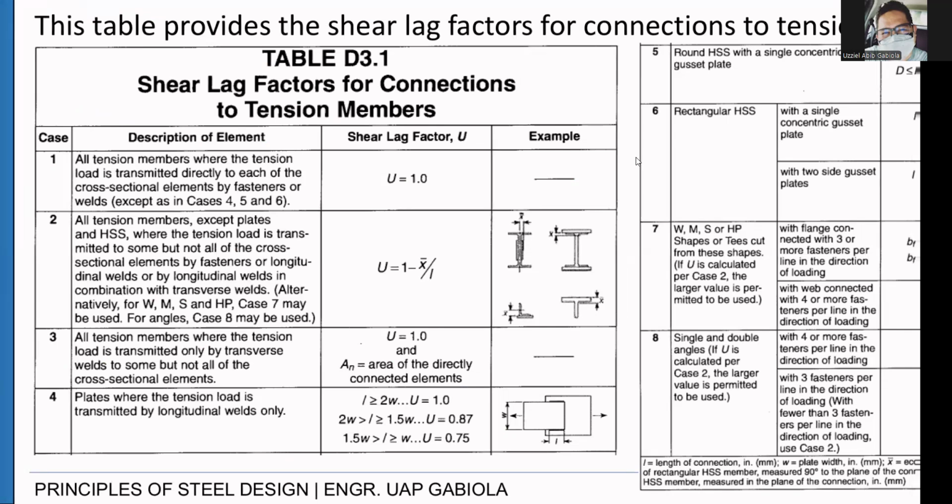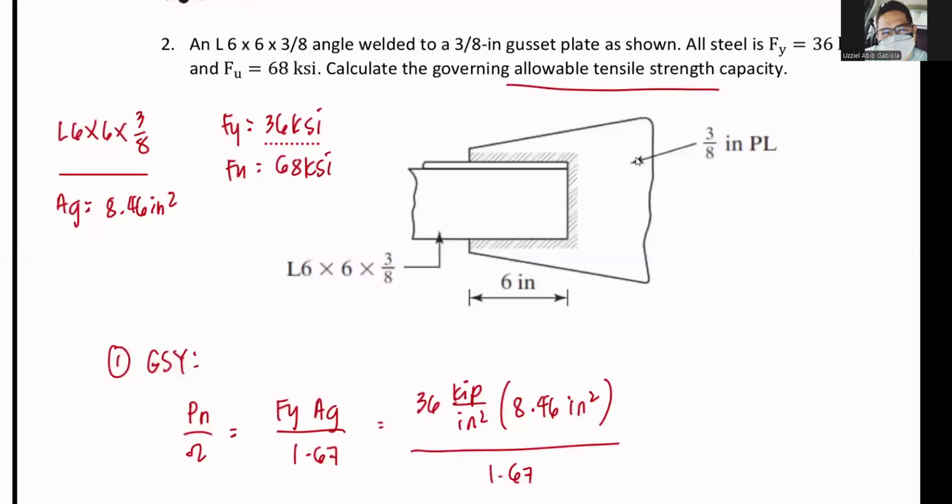Case number three is for load transmitted only by transverse weld, and case four is for load transmitted only by longitudinal welds. But as you can see in our problem, it has a longitudinal weld, so this is our direction of loading.